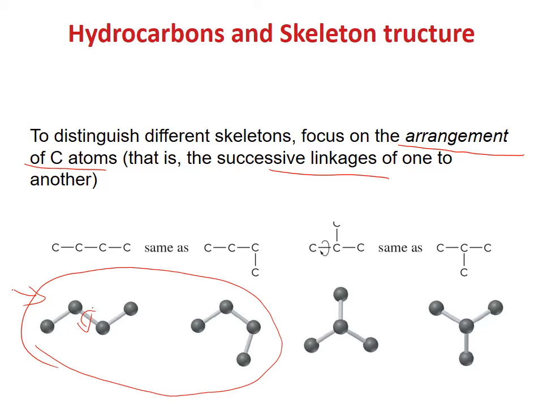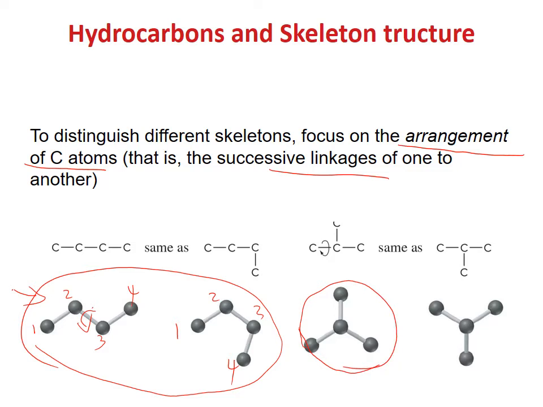If you look at the linkage, carbon 1 connects to carbon 2, 2 connects to 3, and 3 connects to 4. Same thing for the second one: 1 to 2, 2 to 3, 3 to 4. Now the third one is different. The linkage is different.